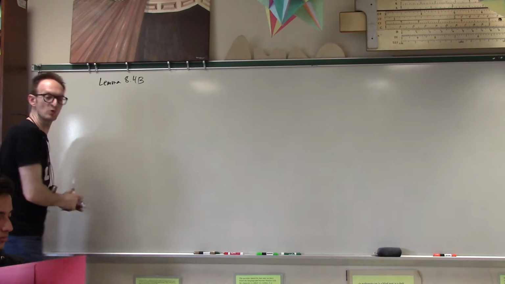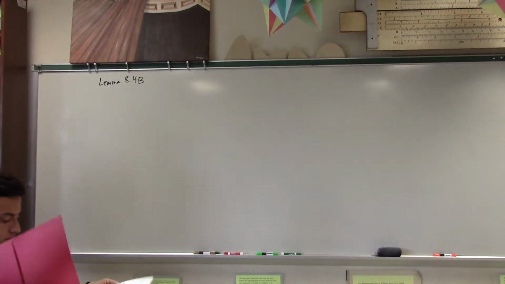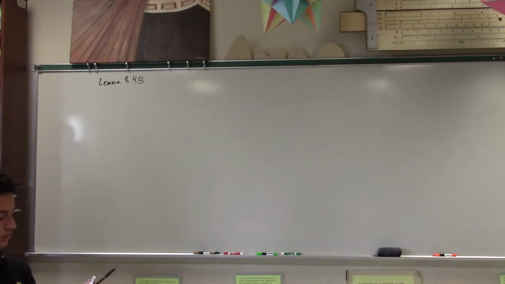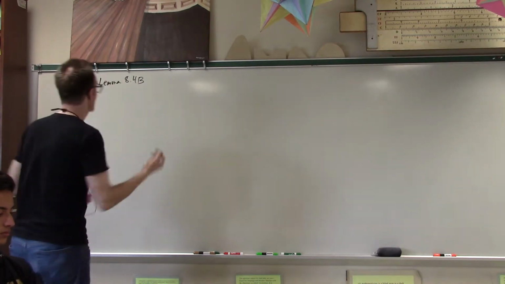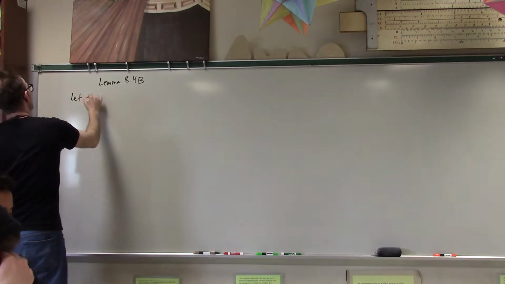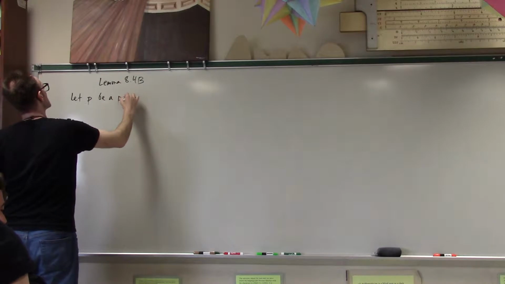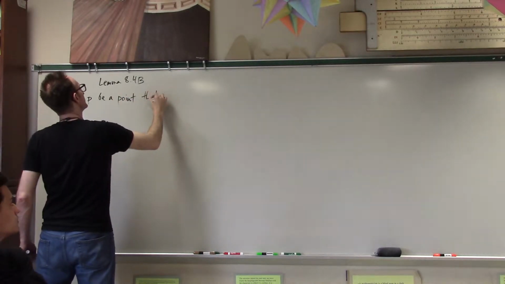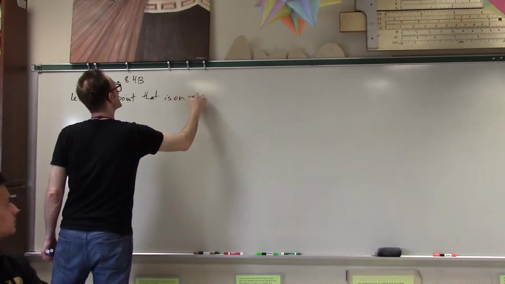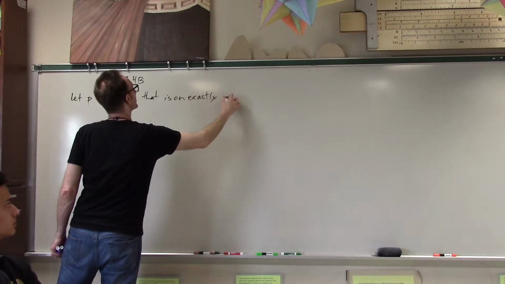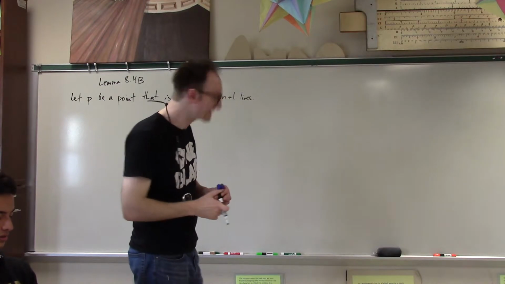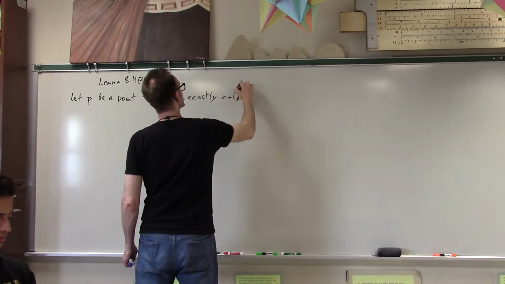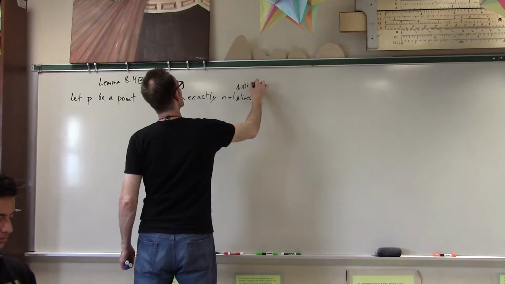Okay, so what is Lemma 8.4b? It is the dual of Lemma 8.4a, and it says something probably like, let P be a point that is on exactly n+1 distinct lines.